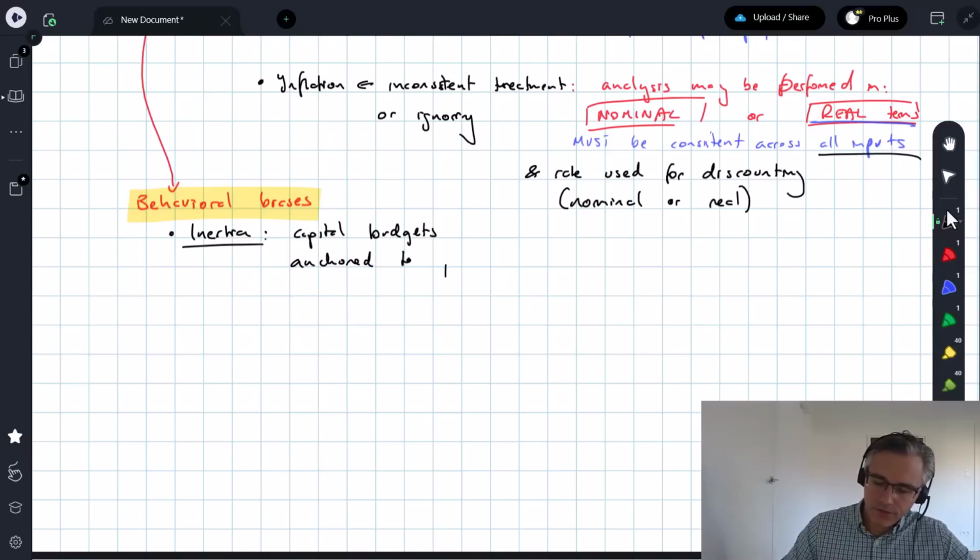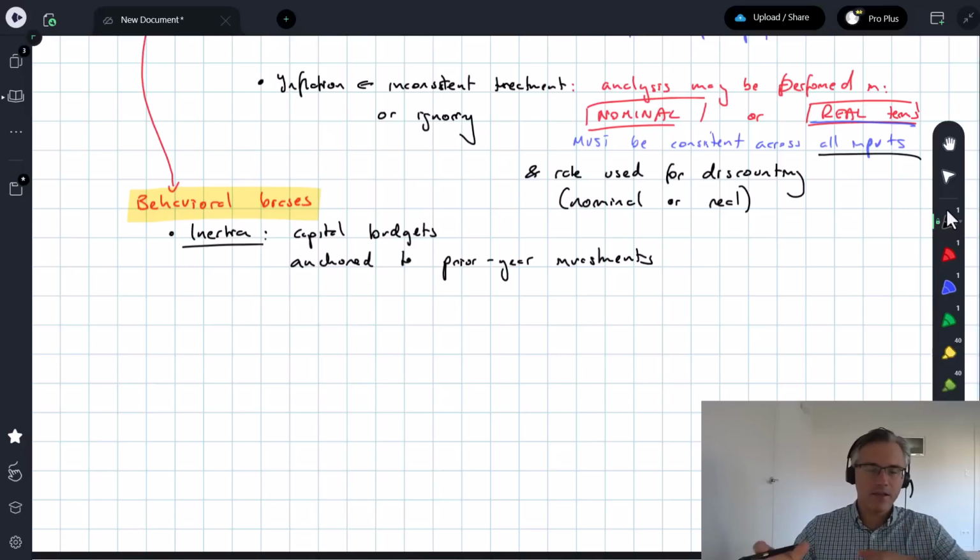to prior year investment figures. If we spent amount X in the previous year, let's take that amount, maybe increase it a bit, a couple of percent up, and let's have that as next year's investment budget. And that determines how much you can do, and that's completely detached from what opportunities are actually available.